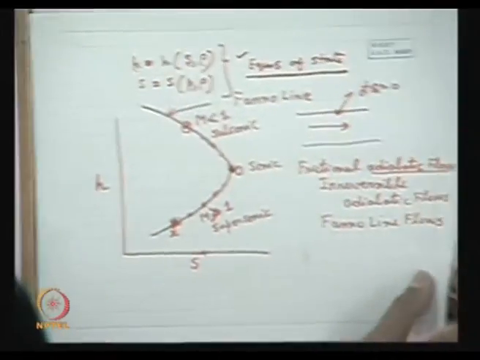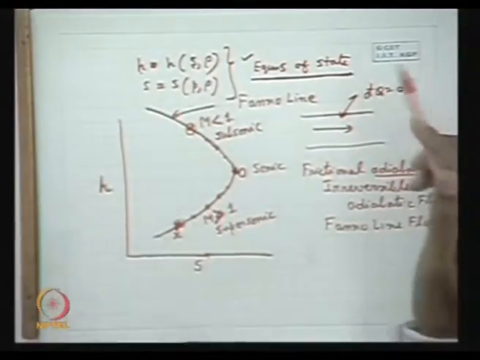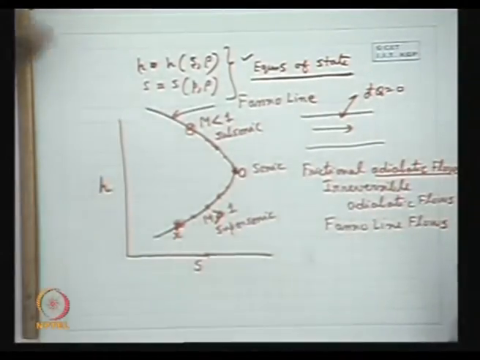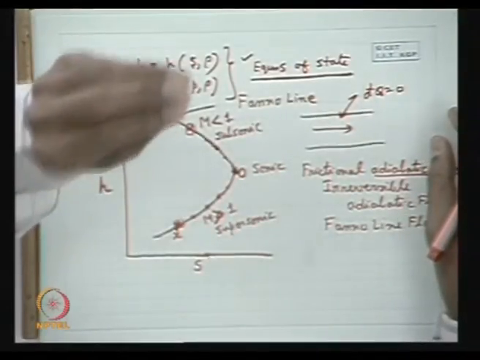So this represents a Fano line, but you must understand one thing very clearly: this Fano line represents the locus of the points which follow the adiabatic conditions and the steady state continuity equation. That means these are the locus of the points having the same mass flow rate without any heat transfer and following a particular equation of state.